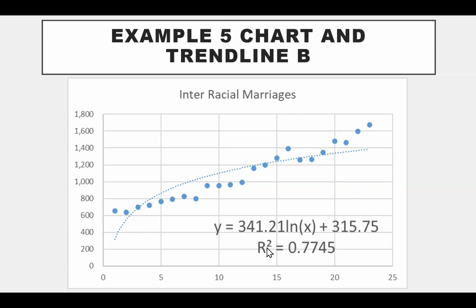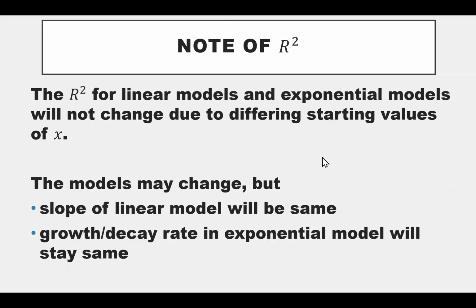I misspoke there earlier. It turns out you get a very different model with a very different R squared. And that is because of the initial bend of our logarithms. Logarithms have less slope, less average rate of change as we move towards the right. And that is a weird thing.